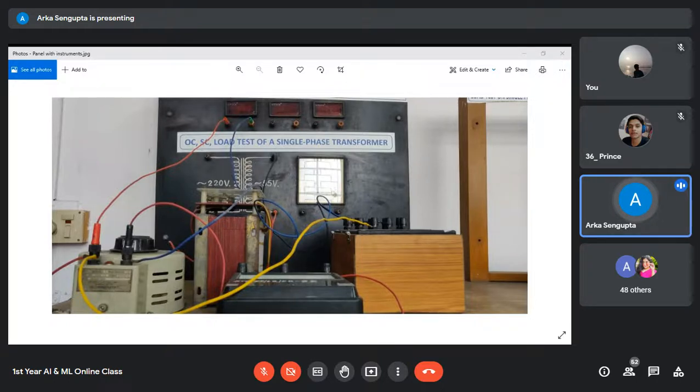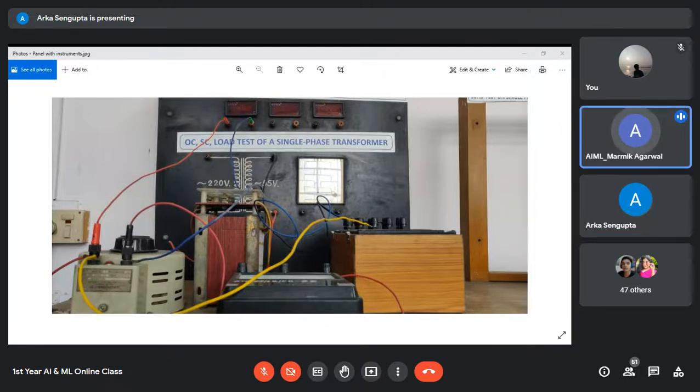So we are varying the variac. That means we are supplying a voltage to the transformer. Now, as you can see, the secondary is open circuited. This is 220 volt. Now here we are getting a voltage. We have 35 volt. You can see the current is around 0.4.